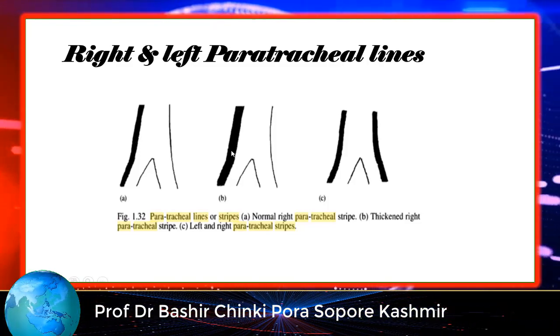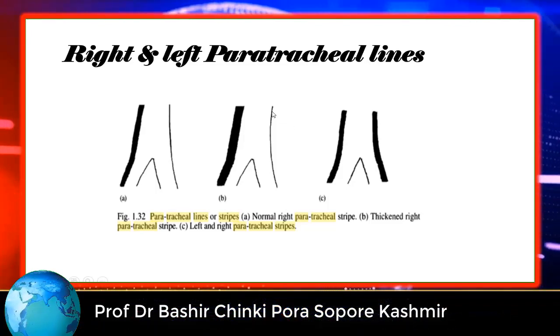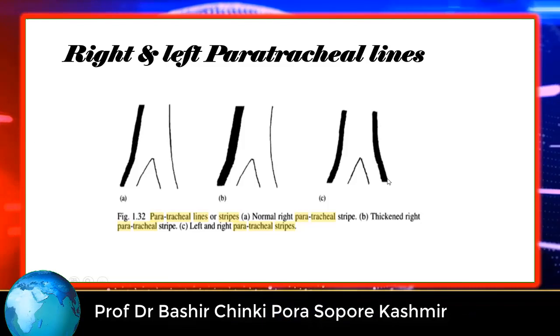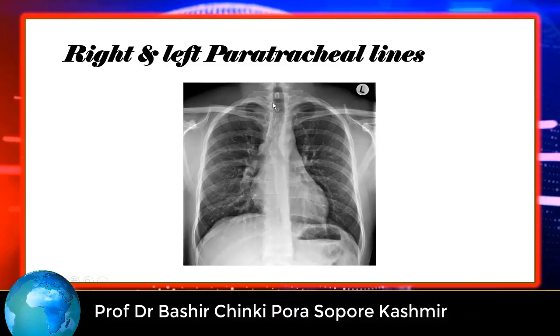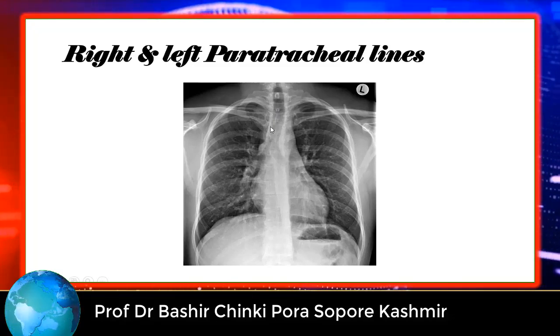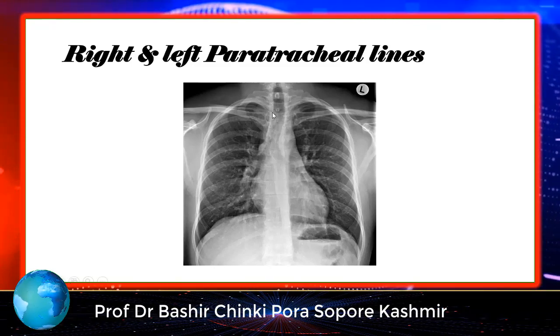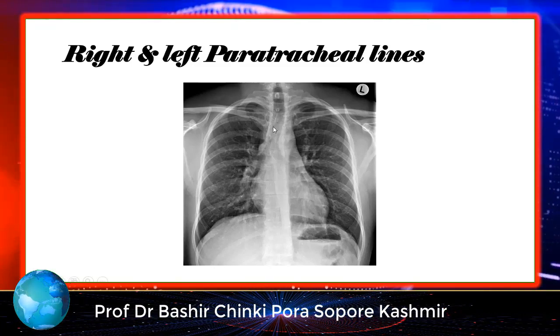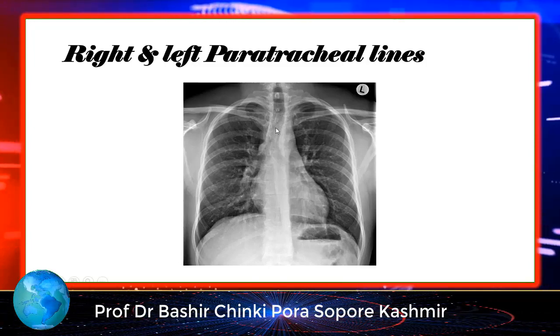A vertical line will be seen on the sides of the trachea. So we can see it here. There are vertical opacities like this, linear vertical opacities on the sides of the air column of the trachea.